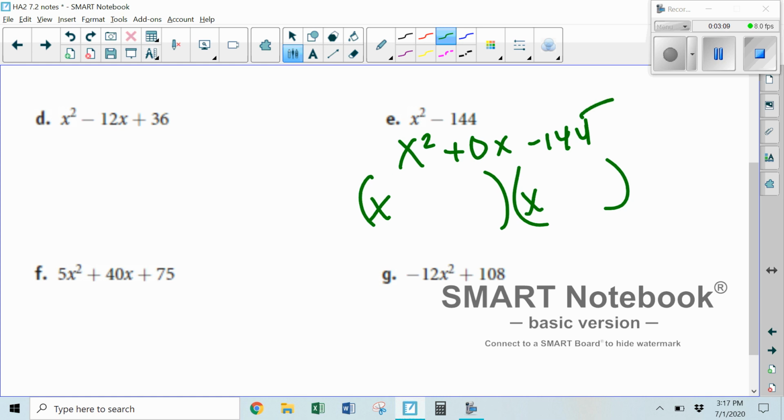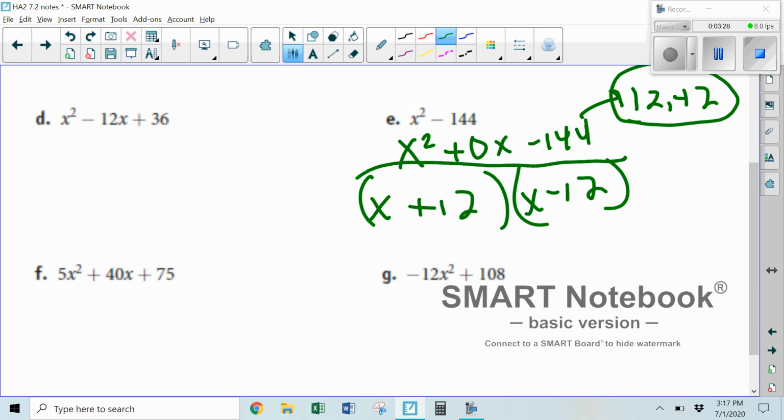So we have to think of things that multiply to 144 that add to 0. Well, I'm not going to list them all, but I know that 12 times 12 is 144, and I can get a 0 out of 12 and 12 if one is positive and one is negative. So that's going to be x plus 12, x minus 12. And if you want, you can redistribute that out to make sure you got it correct.